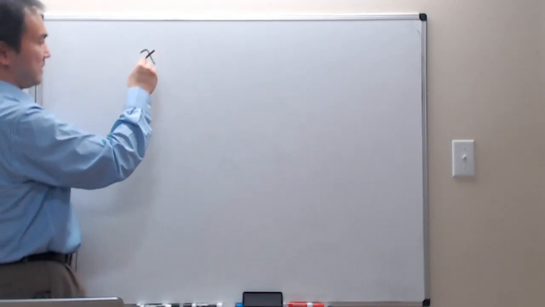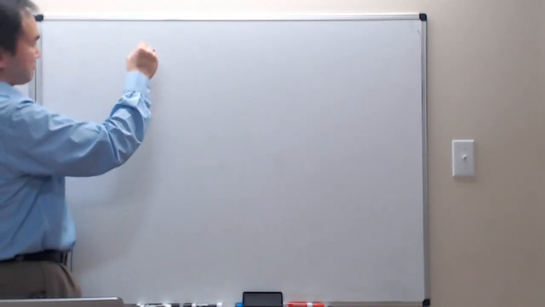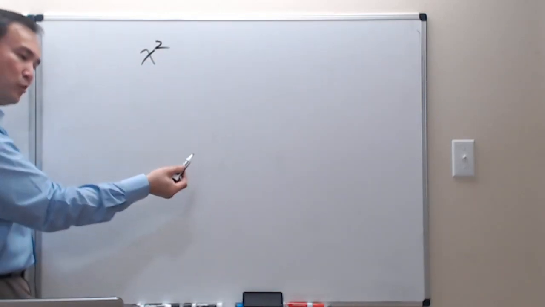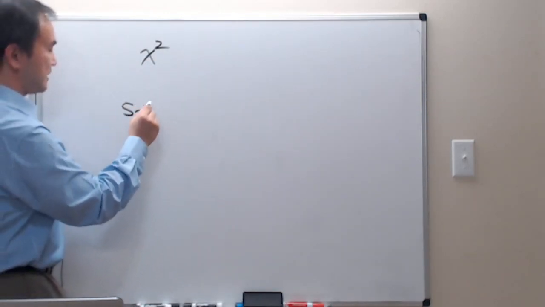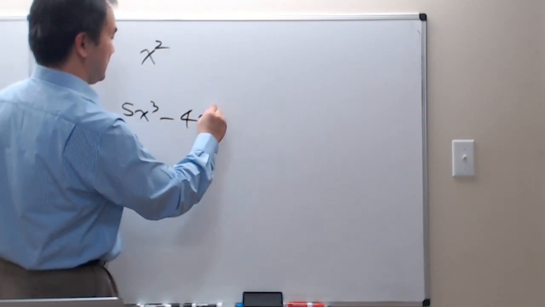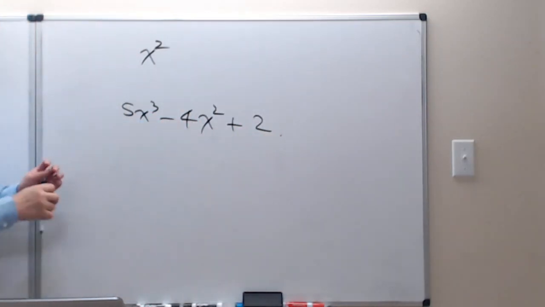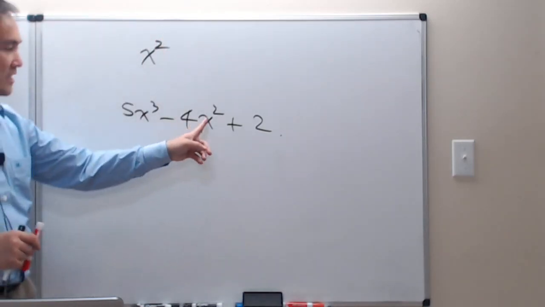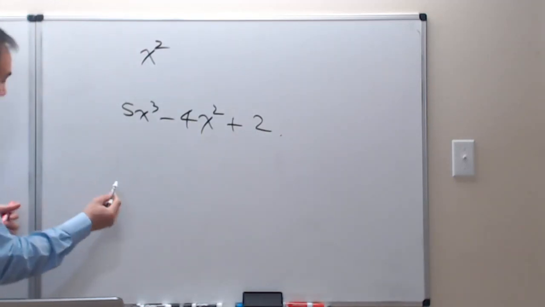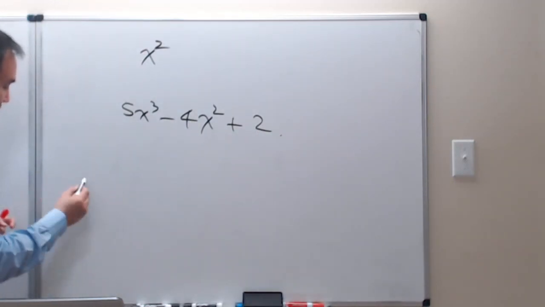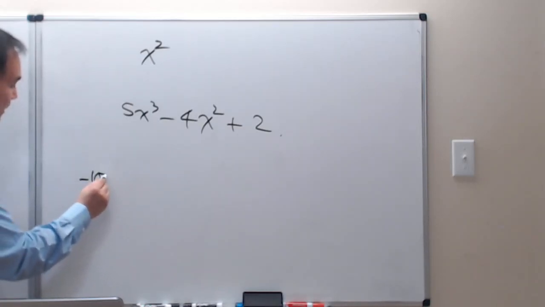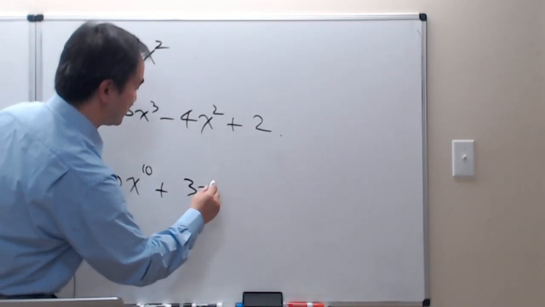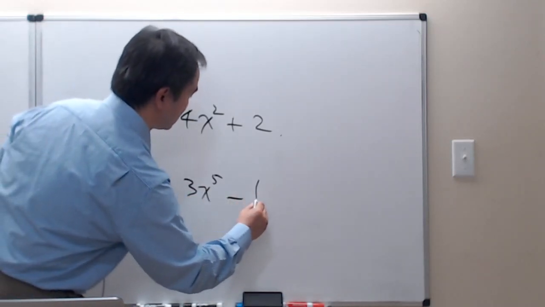Let's say a function like the problem we did earlier, x squared, or a little more generally, 5x cubed minus 4x squared plus 2, or maybe negative 1,000x to the 10th plus 3x to the 5th minus 10.